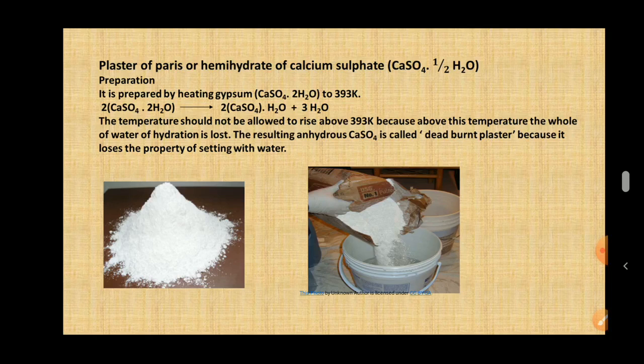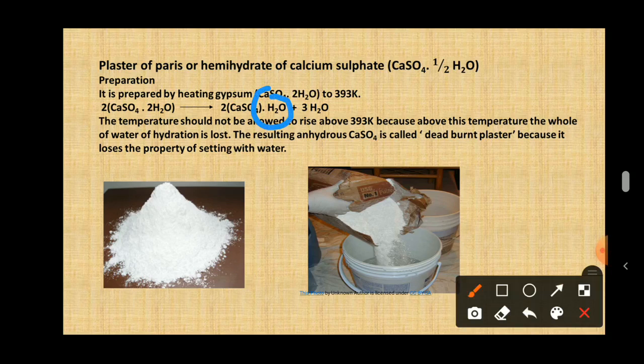The temperature should not be allowed to rise above 393 Kelvin, because if we heat above 393 Kelvin, the entire water molecules will be lost, that is, dehydrated. So anhydrous calcium sulfate is formed.